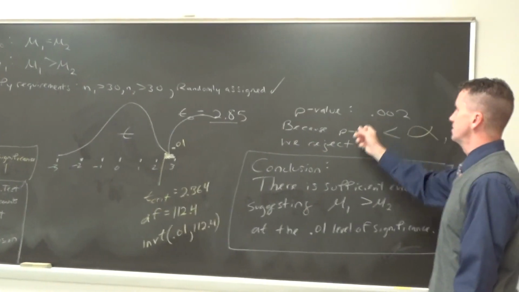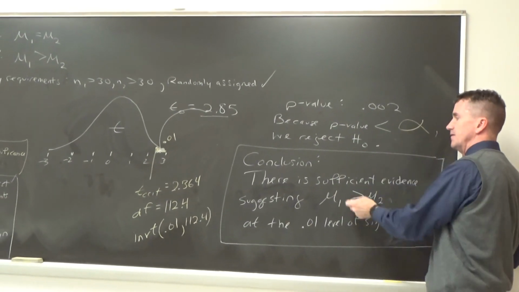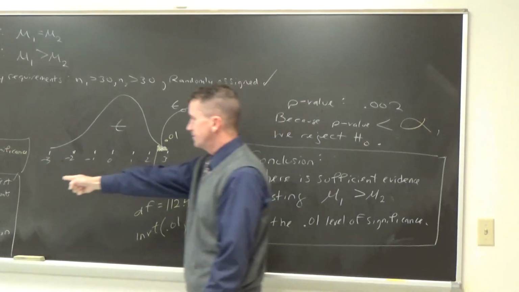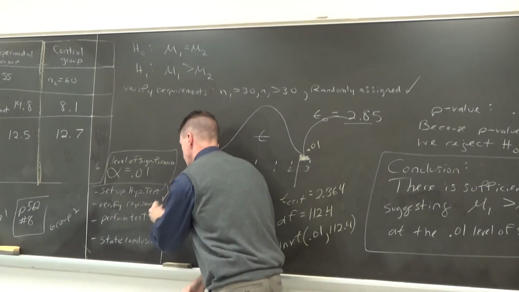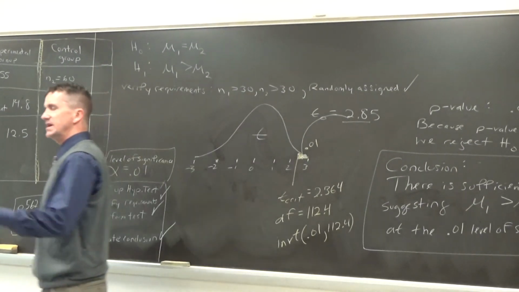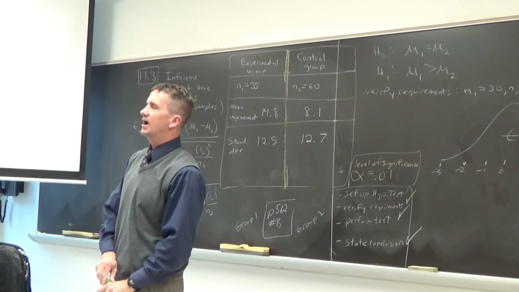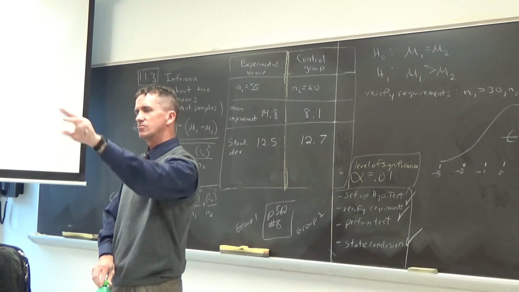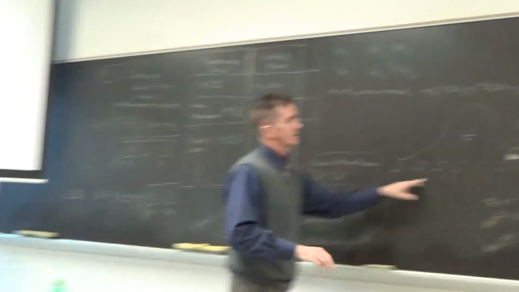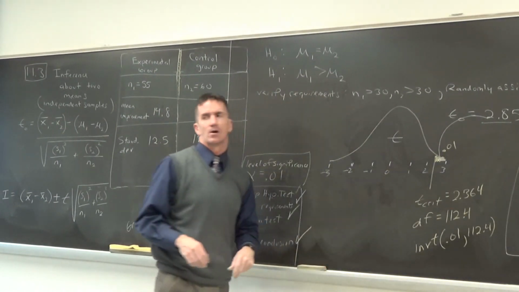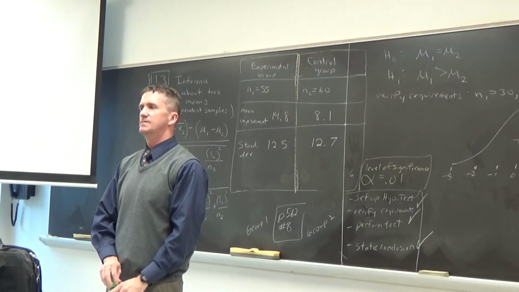Got our p-value. We spoke about the p-value. We stated our conclusion. You have done everything. Isn't it neat? All this stuff with hypothesis testing goes together. We look at these p-values, we check the critical region. This has to go hand in hand with this. It all works out.